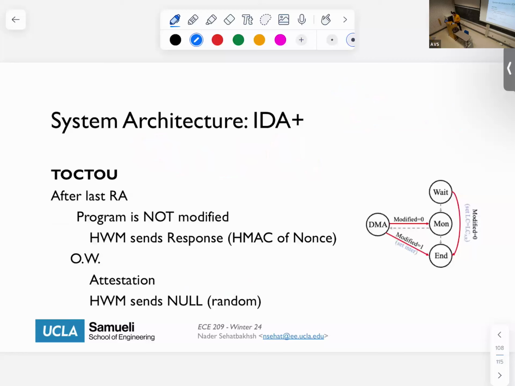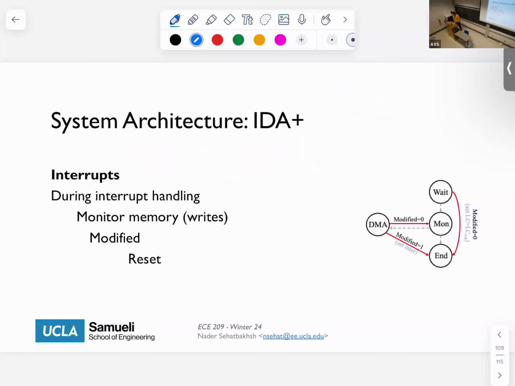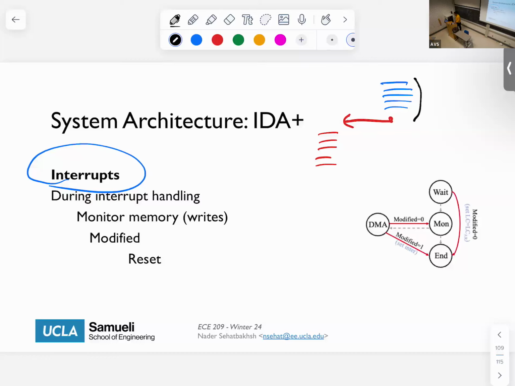And an interesting thing about this is that it will fix the issue of interrupts. So here's what we're gonna do. We are doing the attestation, right? We read memory line by line. At some point, an interrupt happens, so we need to stop doing this computation. We run the interrupt. But the interesting thing we can do is ask the hardware module to look at these lines of memory and see whether during this interrupt, any of these lines of memory has been modified or not.